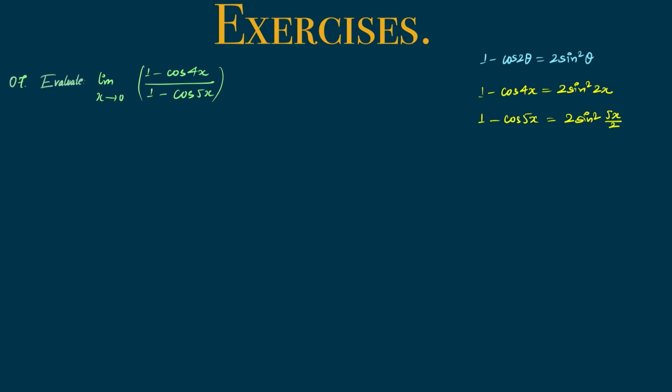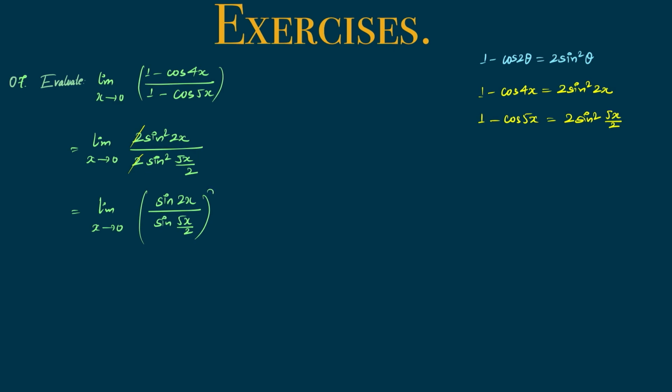So I will replace both numerator and denominator with these terms. So it will be equal to limit x tends to 0 of 2 sine square 2x by 2 sine square 5x by 2, and here 2 and 2 get cancelled, so it will be limit x tends to 0, I can write this as whole square, sine 2x by sine 5x by 2 whole square.